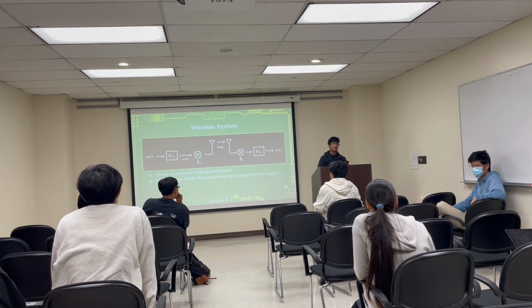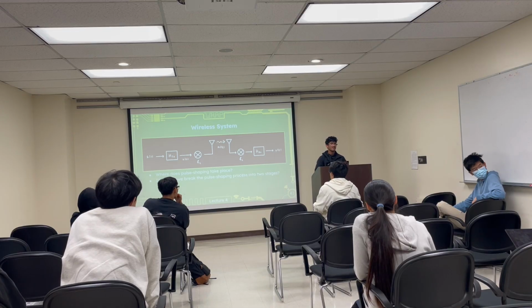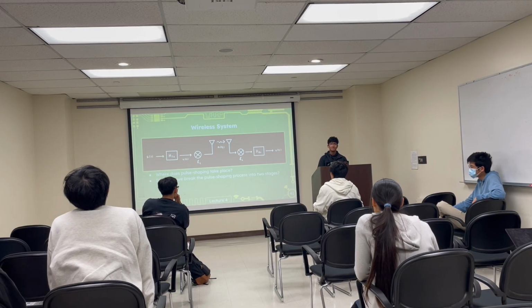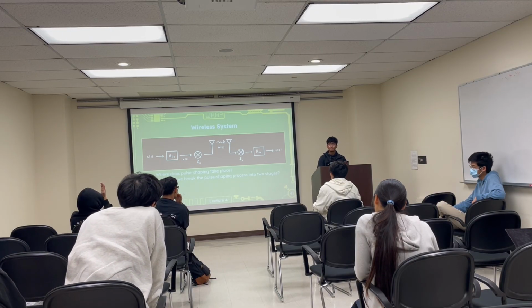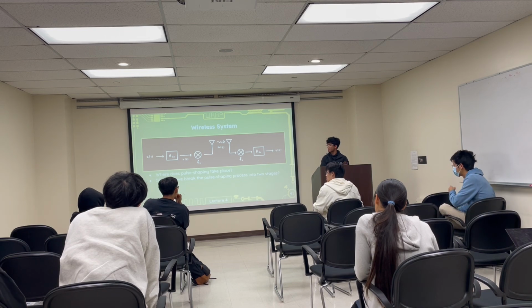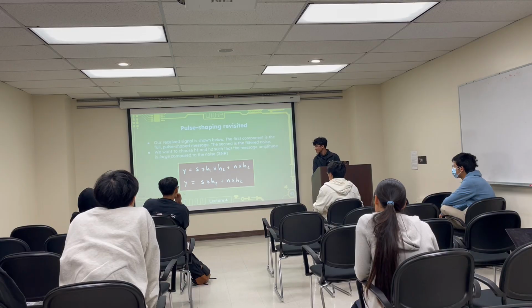Remember that the RRC filter looks kind of like a sinc but messed up a little bit. In frequency domain, it has a sharp roll-off. Exactly, yeah. So the nice thing is that the RRC actually doubles as a low pass filter. So we don't need a separate one.